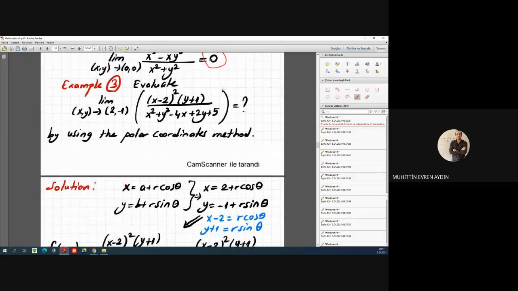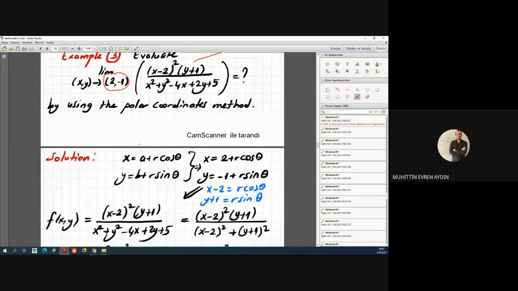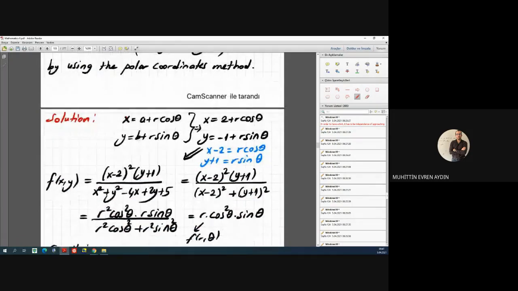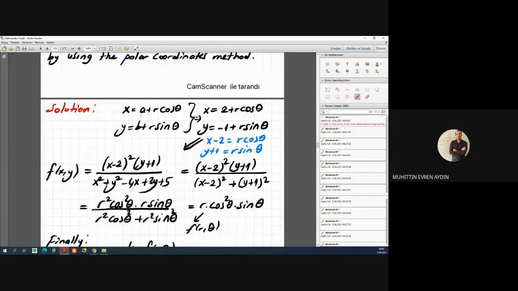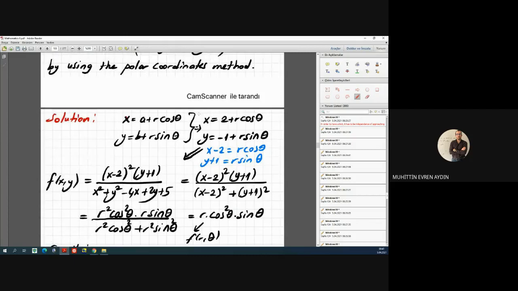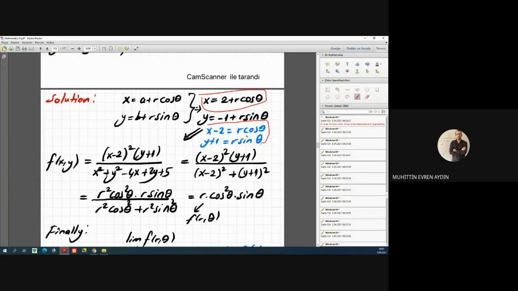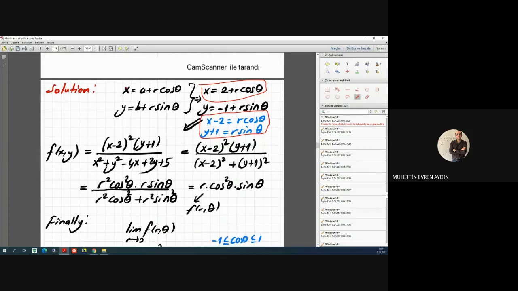Another example: our function is this, and the point is (2, -1). For the polar coordinates, we have to replace x equals 2 plus r cosine theta, y equals minus 1 plus r sine theta, which means that we have to use those equations.